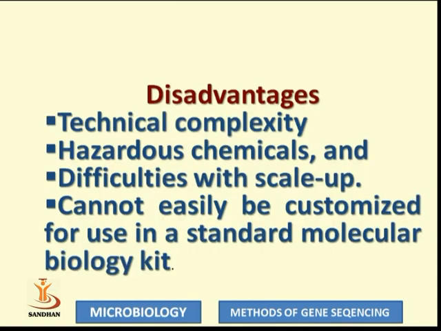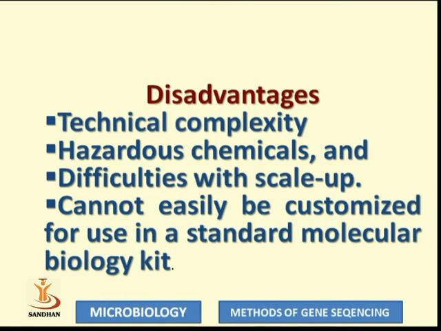The basic disadvantage or limitation of this technique was that it is technically quite complex, as it requires 4 different kinds of reactions, and even requires similar treatment over 3 different cycles. A lot of hazardous chemicals like acid, base, and piperidine are utilized, and handling them was quite difficult in the lab. It was also difficult to scale up.